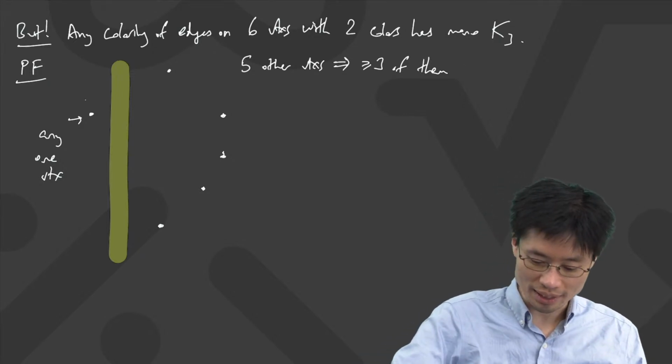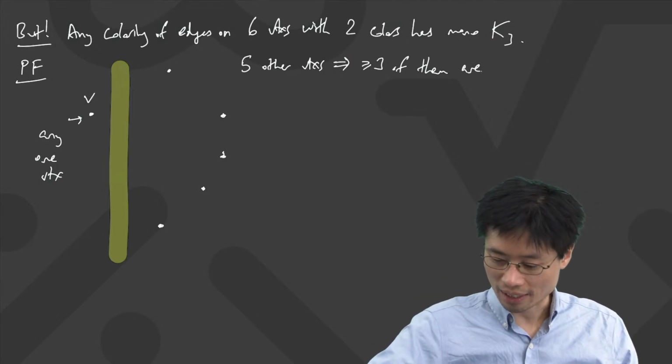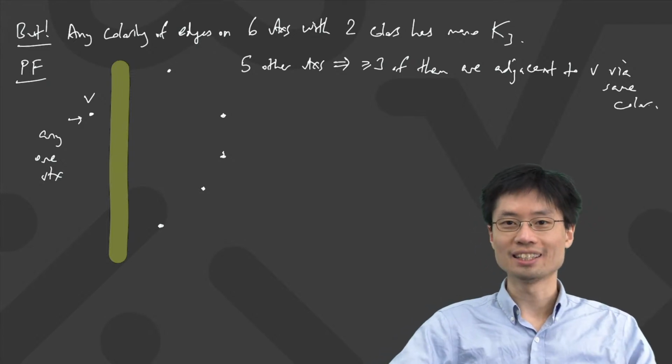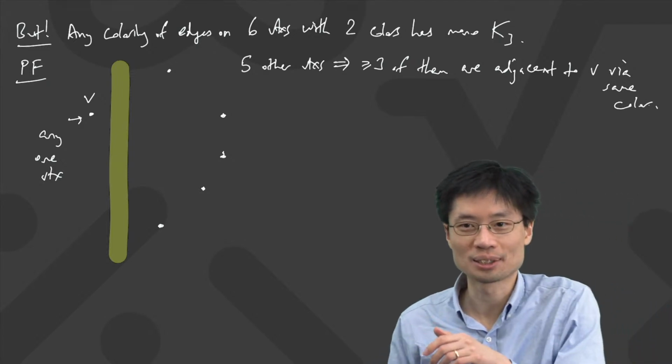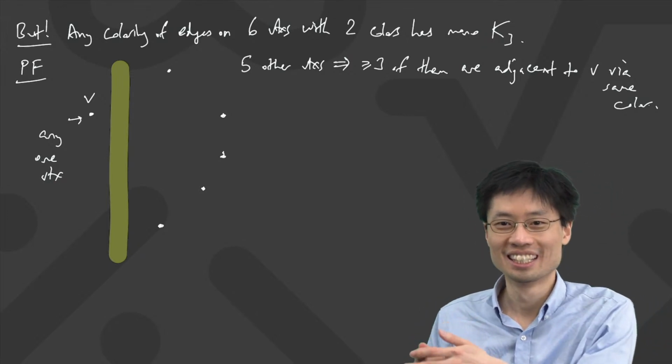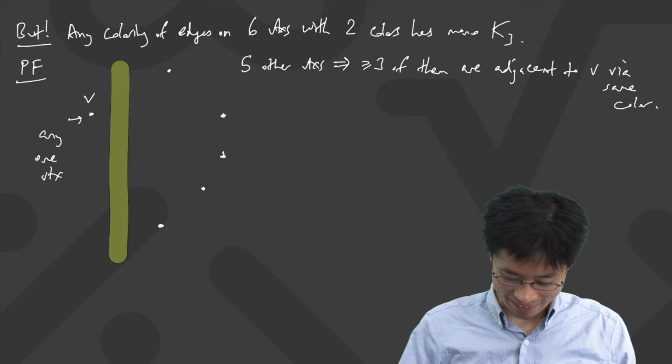Oh, let's give that vertex a name, V. Okay? Are adjacent to V via the same color. Well, now this is one of these places where in mathematics we like to say WLOG, without loss of generality.